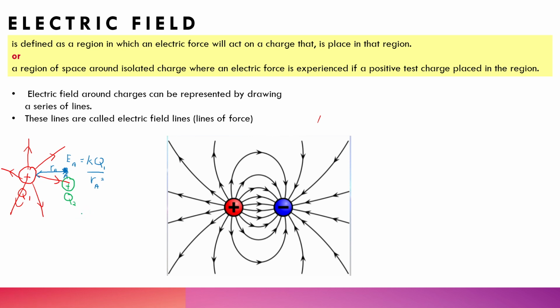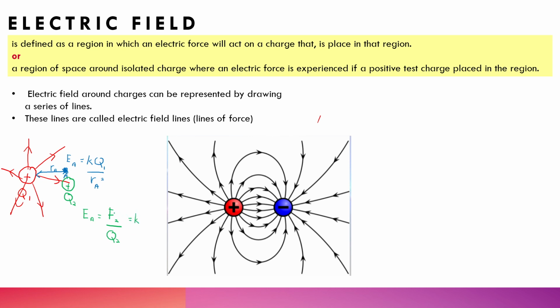The equation is referred to E, where E is the electric field strength at point A. And when we put a charge of Q2 at point A, we can calculate what is the electric force on that charge. So let's say I put as F2 over Q2, and it's equal to K.